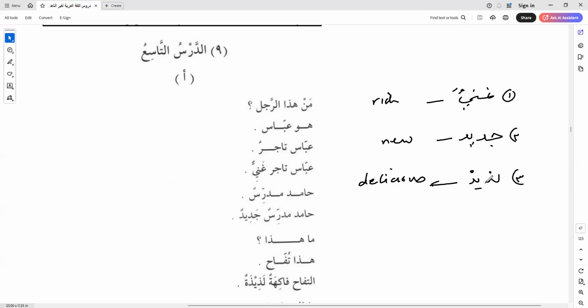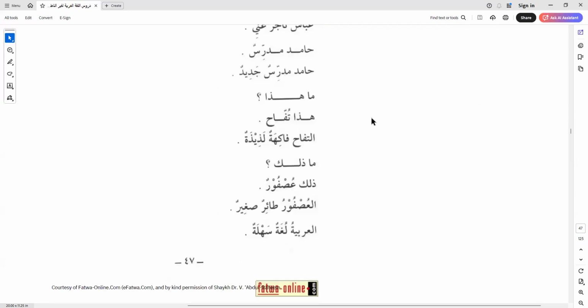So just say lezizon. And if you are using it to describe a feminine object, then you say lezizaton. It's the same with jadidon. You can say jadidaton and on and on. And then we also learn about osforon, a sparrow, a very useful Arabic word.